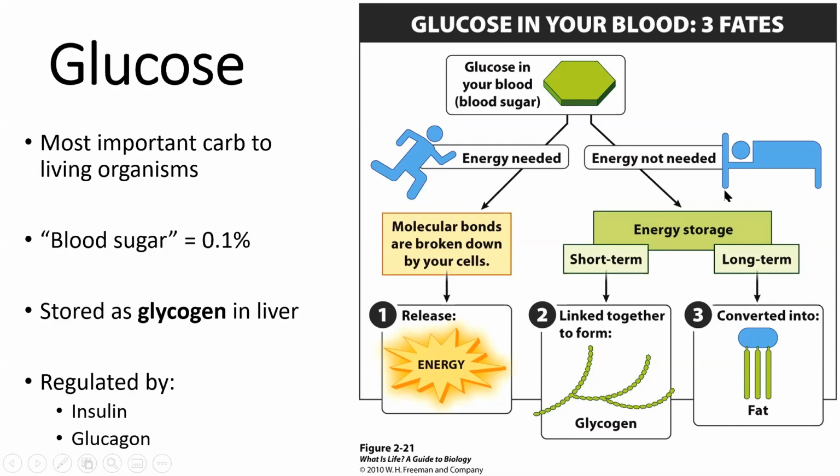And then third, long term, you can take those glucose molecules, link them together in a reaction and form, yes, you guessed it, the dreaded fat, okay? So fat is a good energy storage molecule, and the reason that you gain fat in your body is because you've consumed a lot of glucose and you gotta figure out a way to store it.